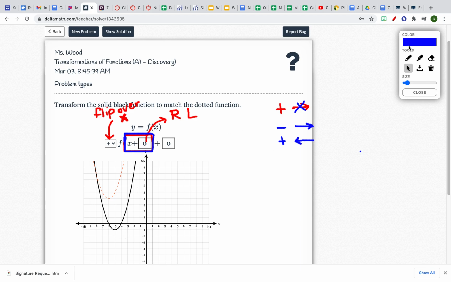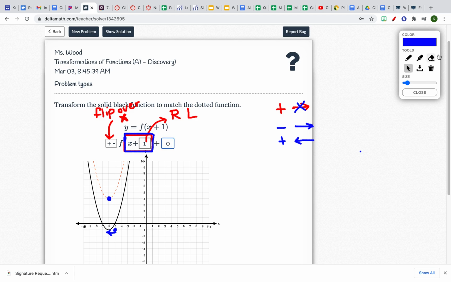So if I'm looking at this vertex to this vertex, I have to move it to the left one box. That means I'm going to plus 1. And we can see that it moved to the left one.